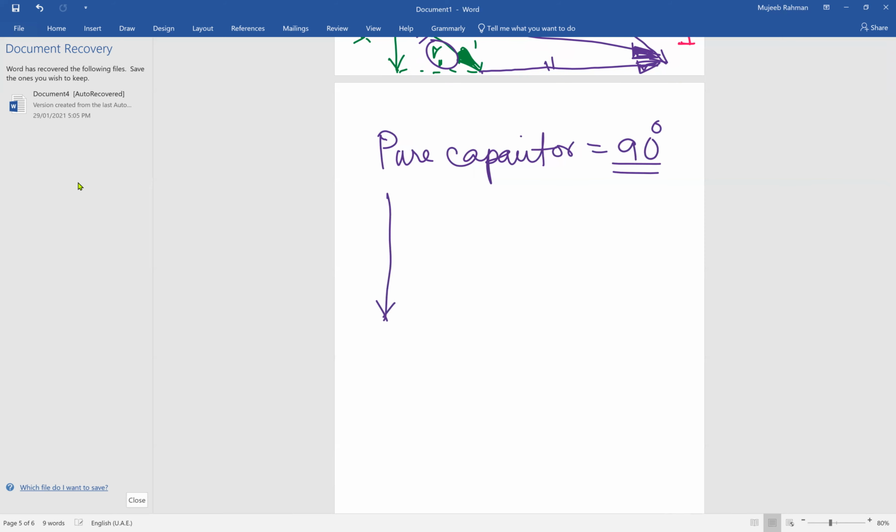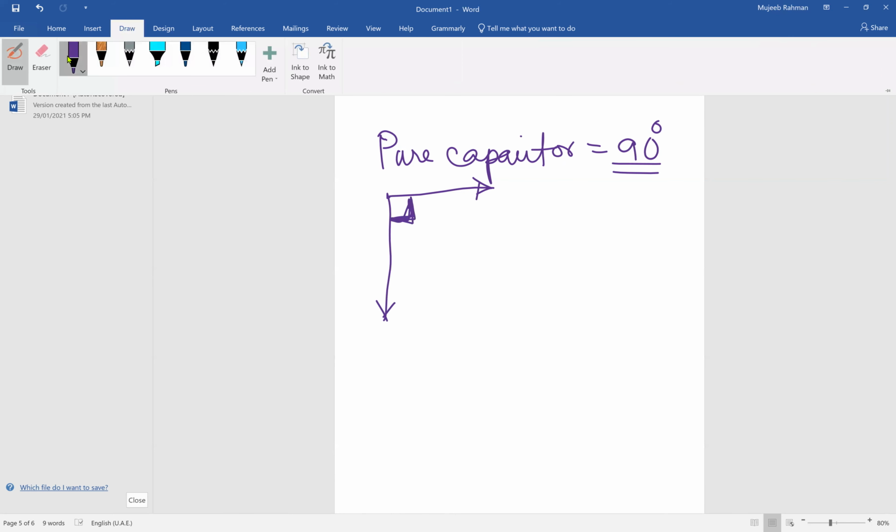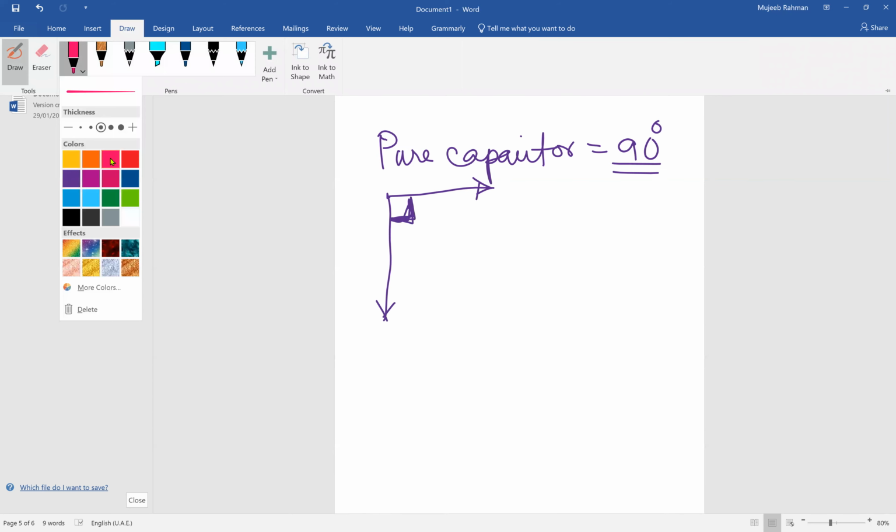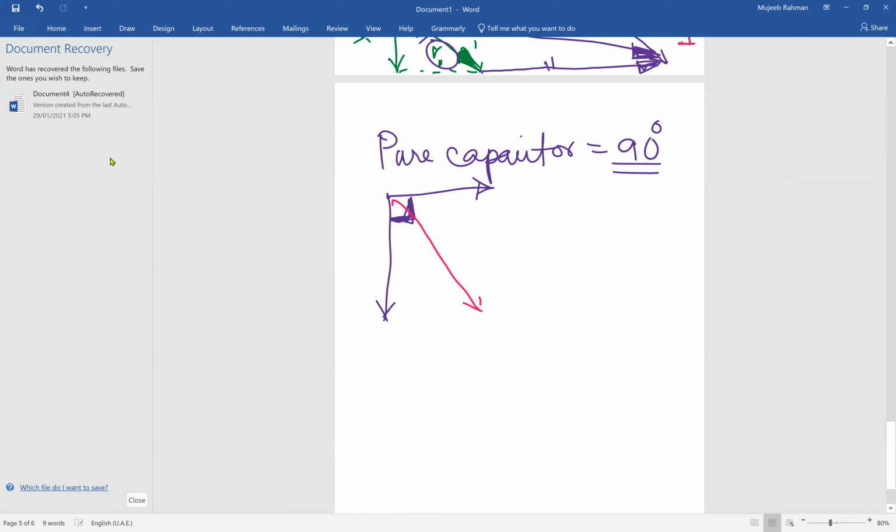So this is the reactive component and this is the active component. The ideal case will have 90 degrees, but practically speaking, you will have some difference here in terms of the angle. So this is basically the power factor angle, because this is R and this is the axis, and this part indicates 90 minus phi.